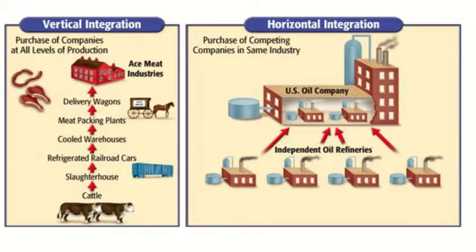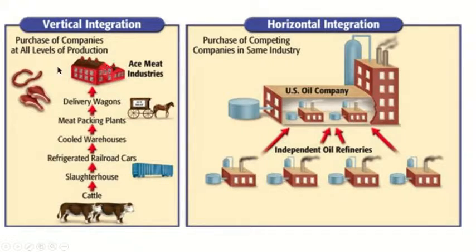Let's say you have cows, they're part of the supply chain, and then you kill them and carve up the meat, and then you have railroad cars to transport it somewhere, and then you have warehouses where they keep it cold, and then they carve up the meat more and put it into packaging, and then they deliver the meat to maybe different stores, and that is your company, Ace Meat Industries. So you have different steps along the way that can be individually done by different companies.